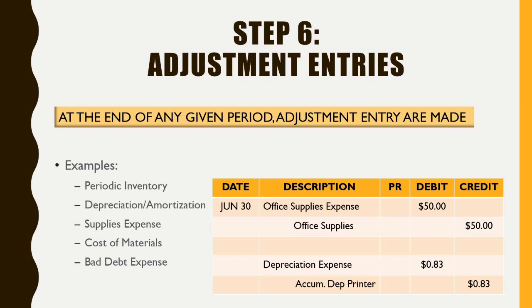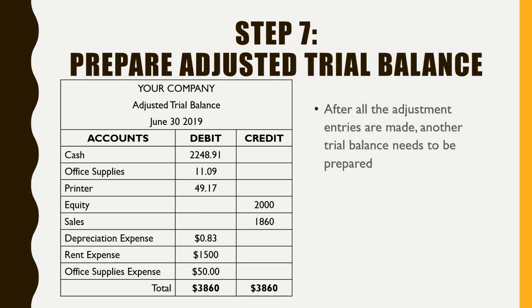So once I've done my adjustments here, I'm going to go ahead and move on to step 7, which is preparing the adjusted trial balance. So in this case, we're going to go back to my ledger and post it, right? Every time you post to your journal, you must post it to your ledger. And in this case, right now, I have additional accounts that I must put into my adjusted trial balance, right? If you look carefully, my cash is the same, but my office supplies has decreased, right?